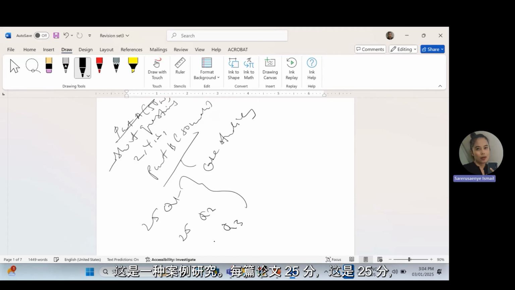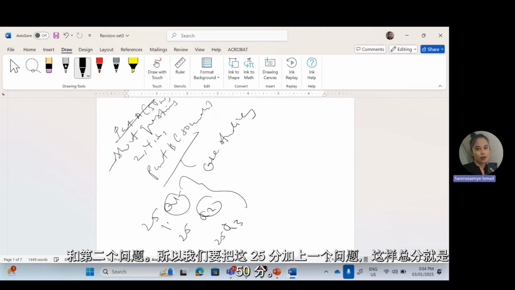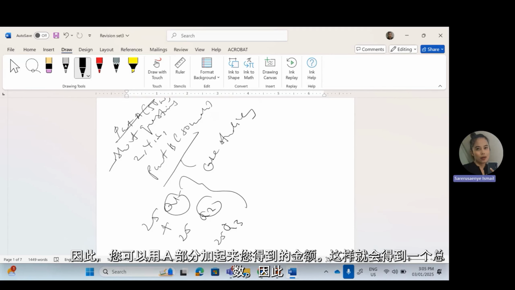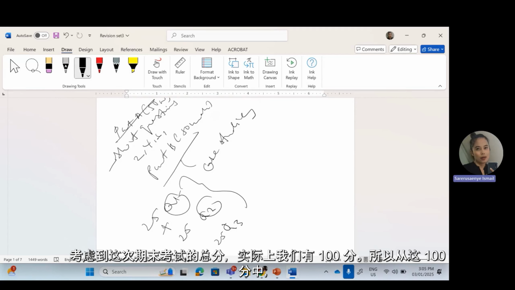You can choose only two. For example, if you choose question 1 and question 2, we add the 25 marks of question 1 to the 25 marks of question 2, giving you 50. You can then total it up with part A, and there will be an overall total. So overall, this final exam has 100 marks.